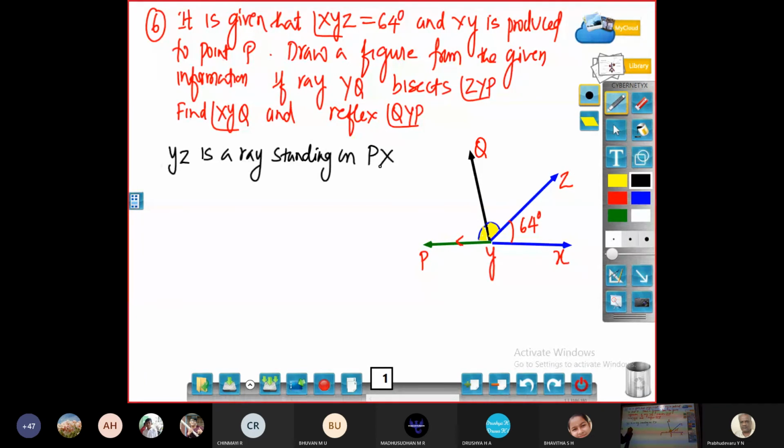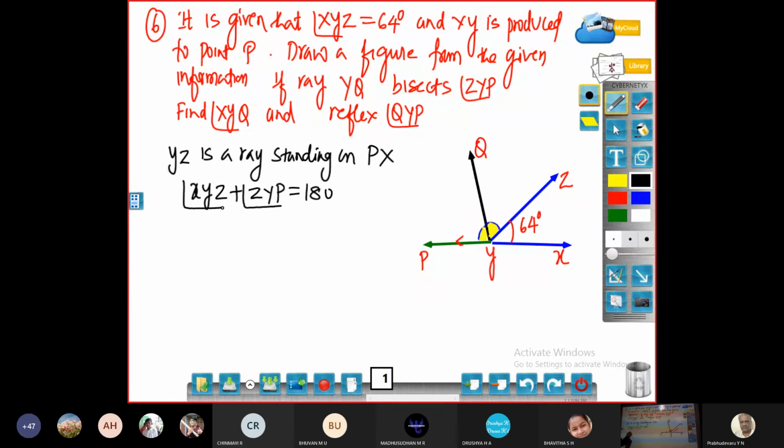Therefore you can write XYZ plus ZYP is equal to 180 degrees. So angle XYZ and ZYP sum to 180 degrees.